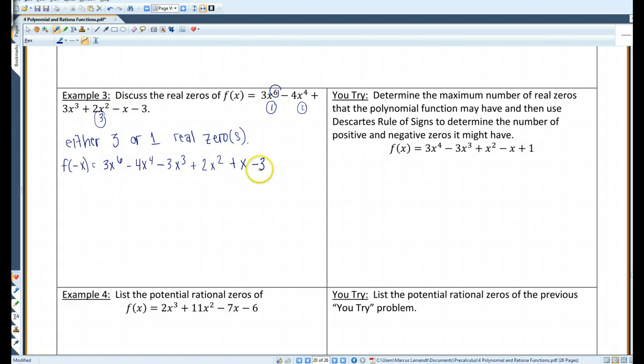And then the 3 stays the same. Okay, so now we're going to do the same thing again. It goes from positive to negative, that's 1. Negative to negative, no change. Negative to positive, that's 2. Positive to positive, positive to negative, that's 3. There are 3 variations in sign, so we expect either 3 or 1 negative zeros. So in this case, whether you use positive x or negative x, you have the same result.